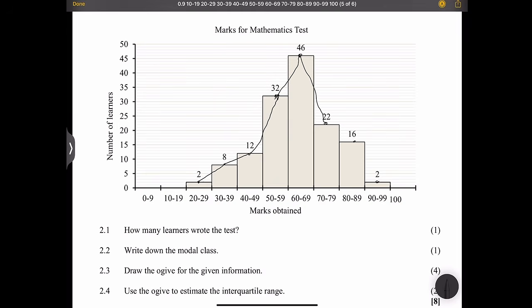Of course, you're going to try and draw straighter lines than I am. And obviously the last one would be this one over there. Essentially that is how you draw the frequency polygon.